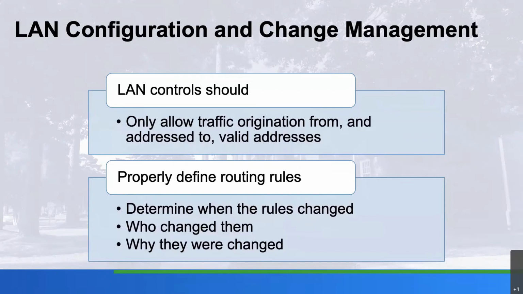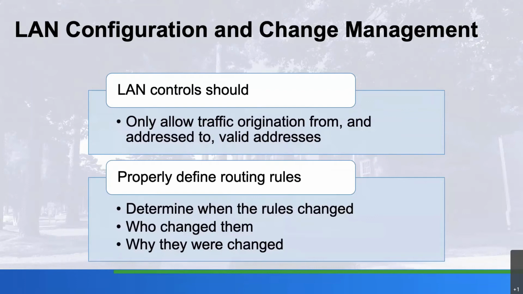The routing rules. We need to make sure that we know when routing rules are changed. Somebody gets in one of our routers, they can forward all of our traffic out to a router on the outside or on the perimeter and then forward it back, do a man-in-the-middle attack. So we need to know when the routing rules change.